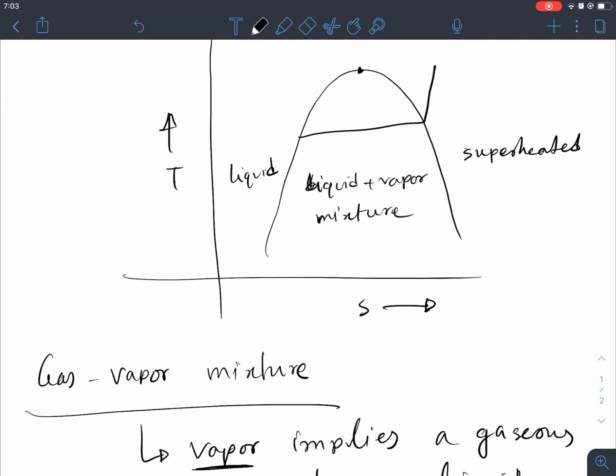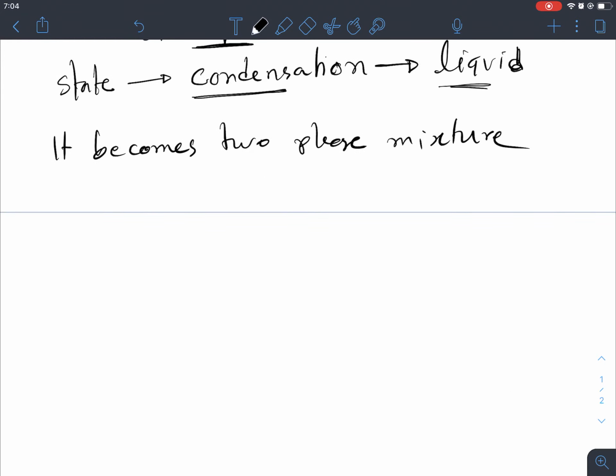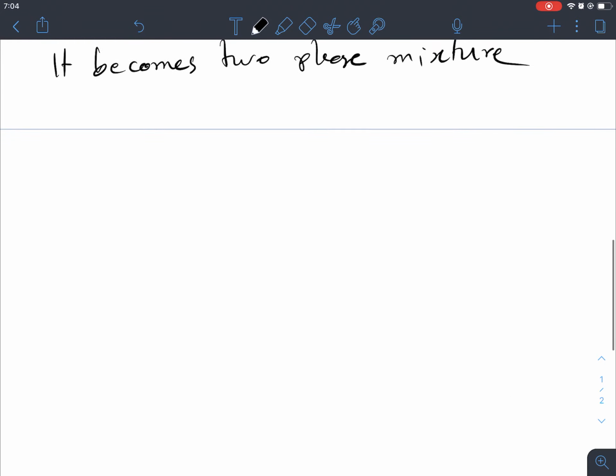However, if we decrease the temperature here, we saw that this was the gas phase and it's becoming the liquid vapor, because we are decreasing the temperature. So if we decrease the temperature, it's converted to the two-phase mixture, right?